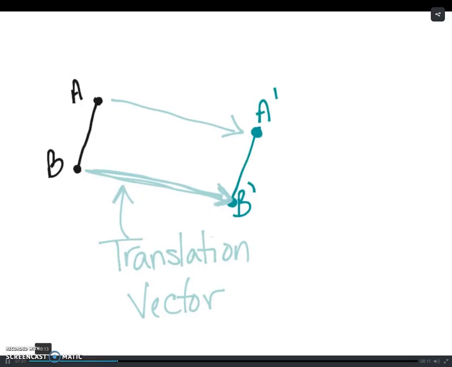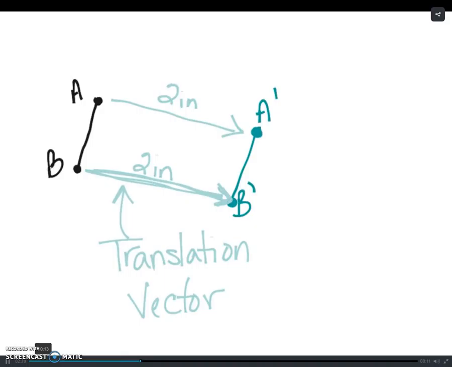And so when we're talking about these, just keep in mind, if we're asked about a translation vector, then it's just talking about the direction and the distance that we are moving our figure. And it's really important to know, like if A moves along this translation vector and it's 2 inches long, then B is going to move along a 2-inch translation vector. It goes exactly the same direction. And that's really important. Okay?